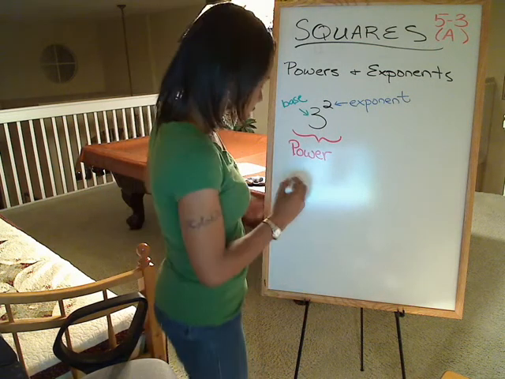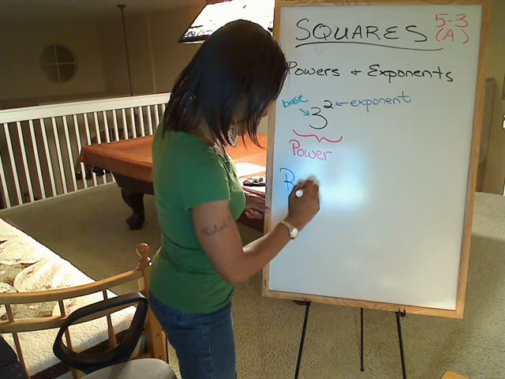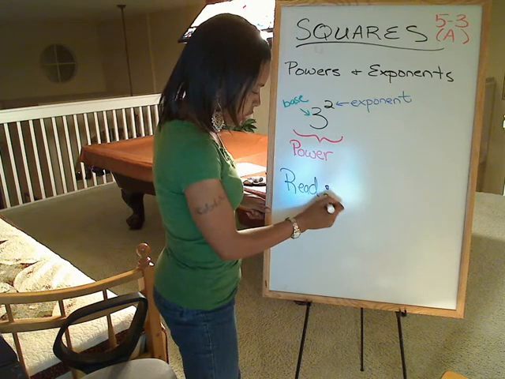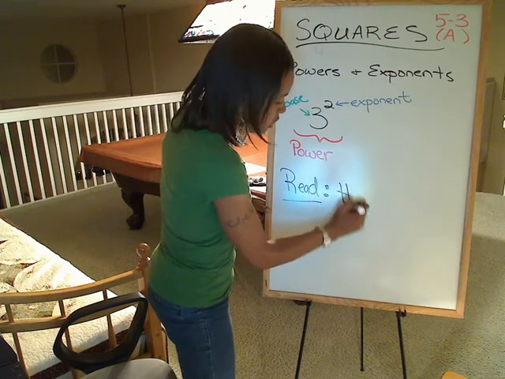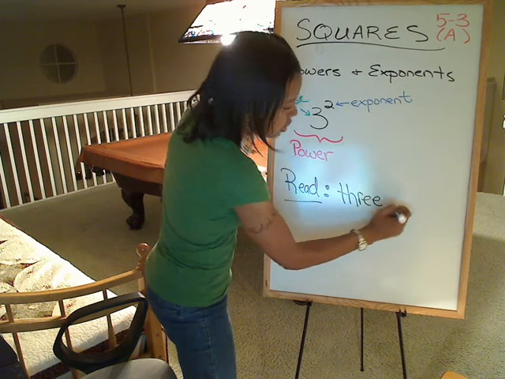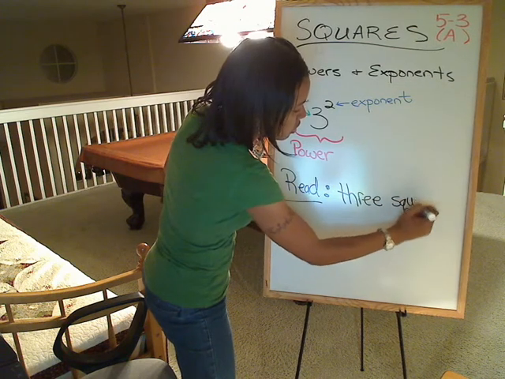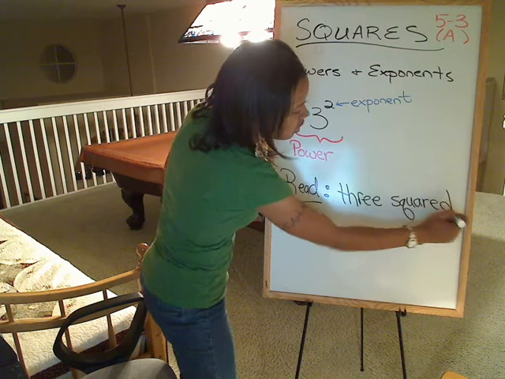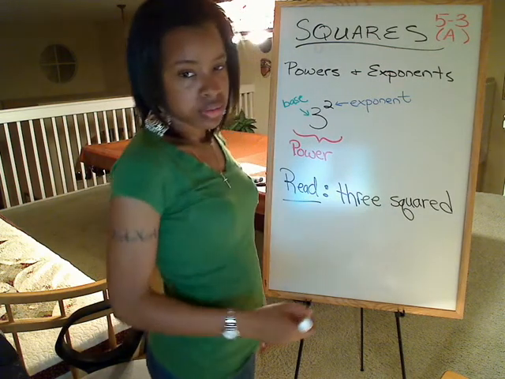We would read this by saying, this is how you would read it. 3 squared, okay?